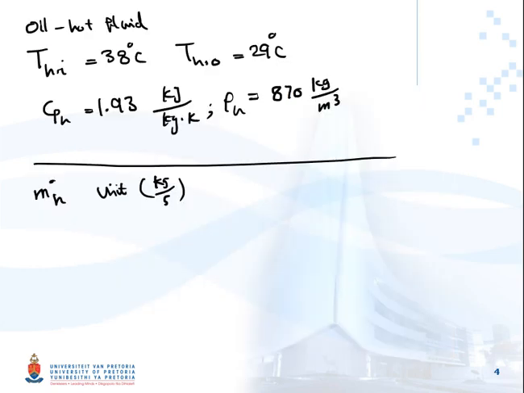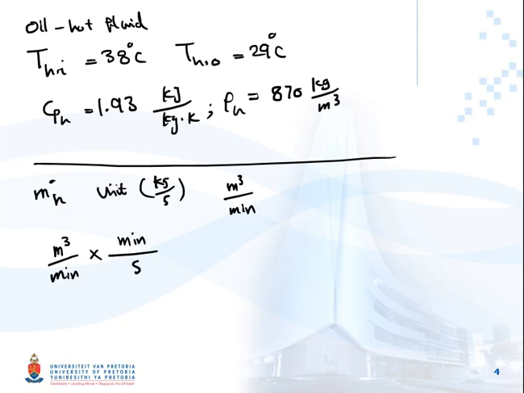Okay, so let's see how I can convert a cubic meter per minute to kilogram per second. So I say that okay, cubic meter per minute multiplied by minute per second.